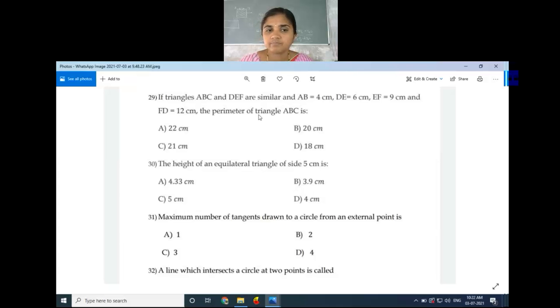How to solve this problem? Vaishnavi. ABC and DEF are two similar triangles. AB is given, DE is given, EF is given, FD is given. Then what is the perimeter of triangle ABC?